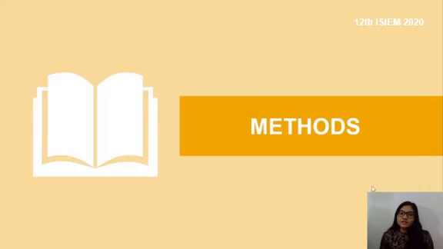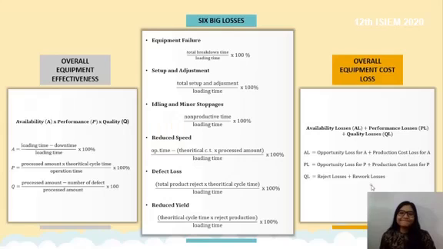Next will be discussed the methods. There are several methods used in the study. The first one is overall equipment effectiveness, which is used to measure the effectiveness of the machine. Machine effectiveness is obtained from three factors, namely availability, performance, and quality.